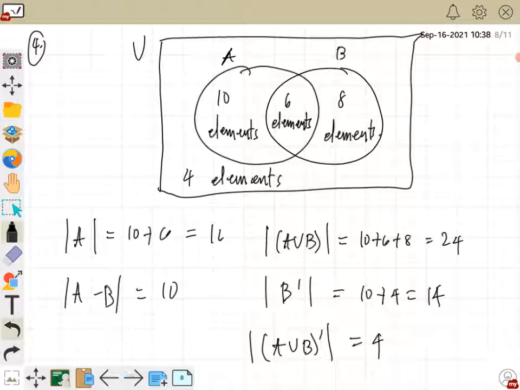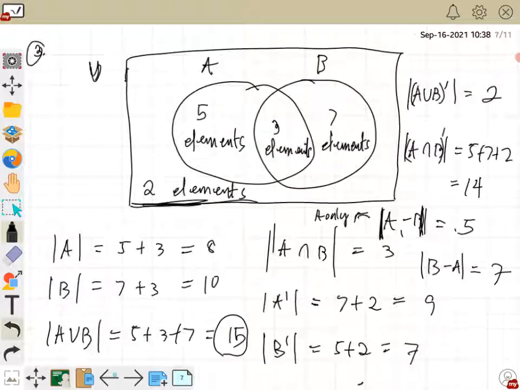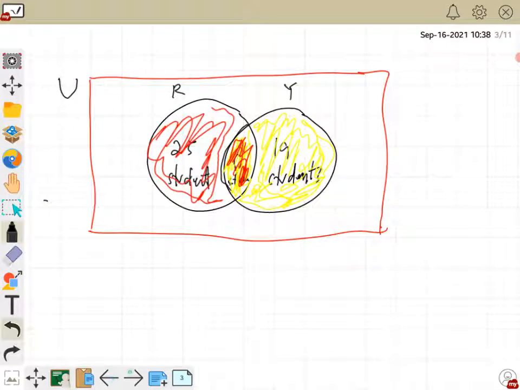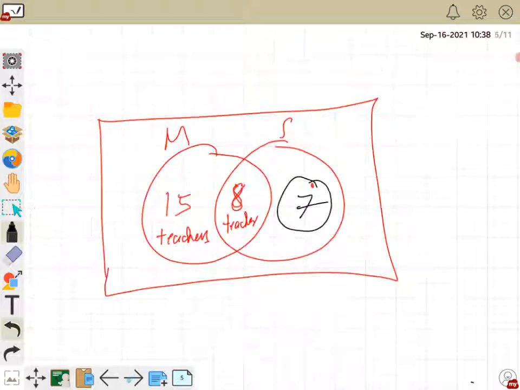Now let's proceed with the next problem. It's getting more abstract. As you can see, in the first problem I provided you with textual problems, or worded problems, so it's kind of easy for us to understand because it's in textual form.